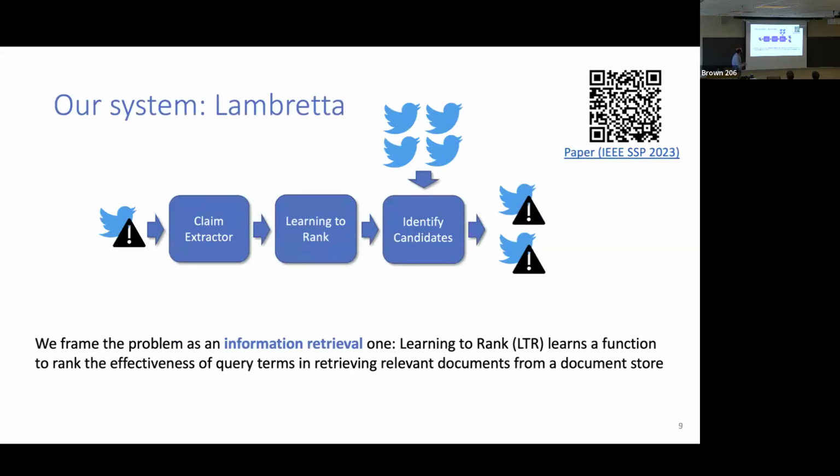So we started with this idea. We have text that has been labeled, and we have a lot more text that has not been labeled. Can we develop an automated system to identify more candidates for soft moderation and help content moderators flag those?